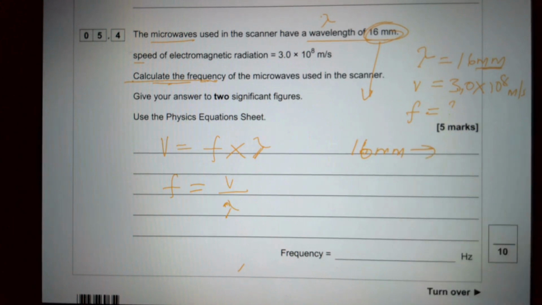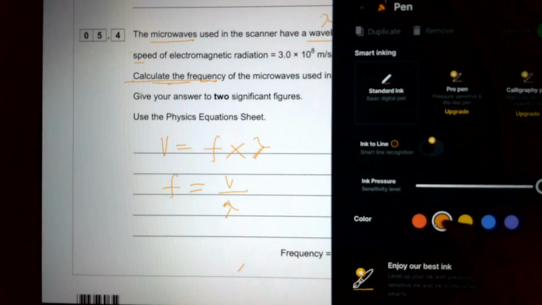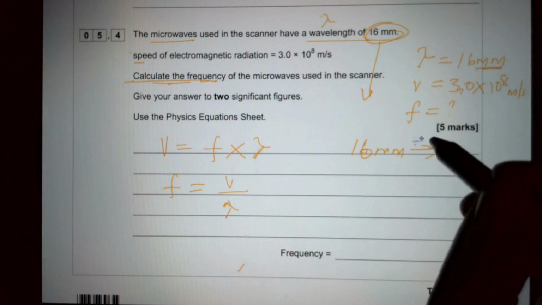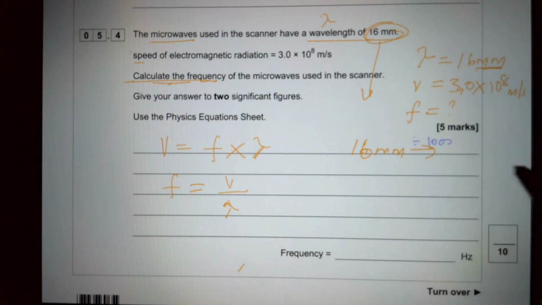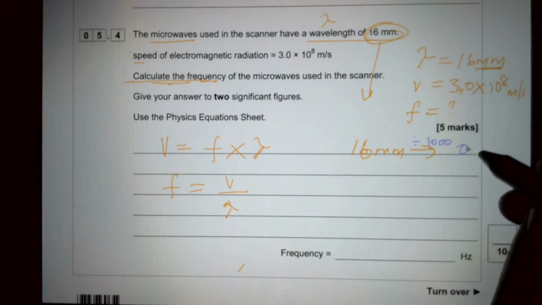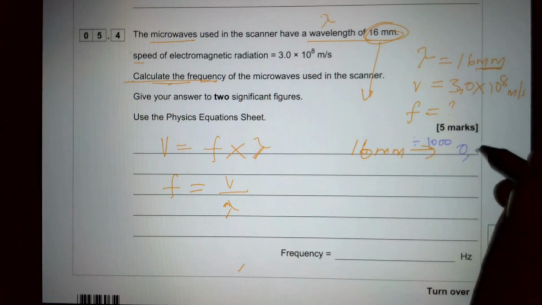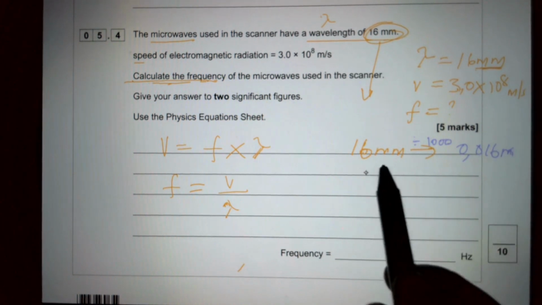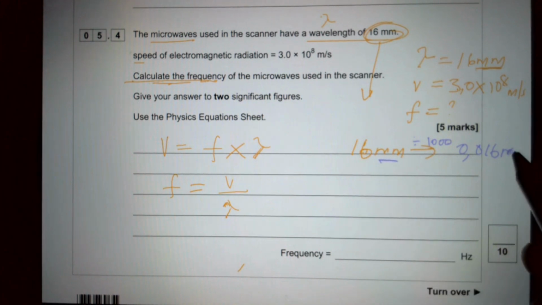To do that we have to divide by 1,000. So basically we are going to do 16 divided by 1,000, then we will get 0.016 meters.